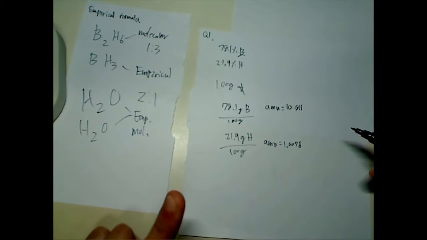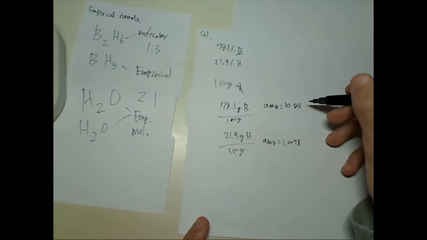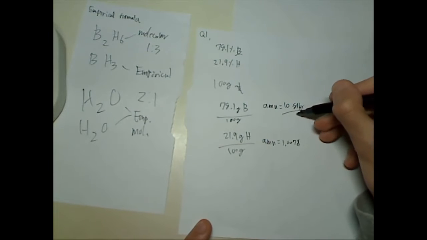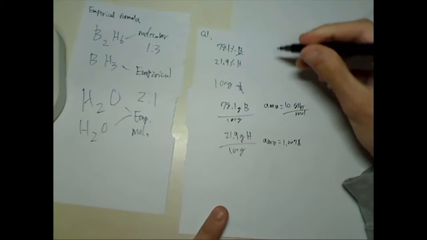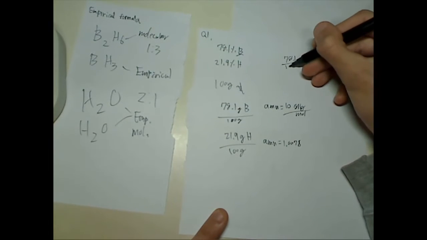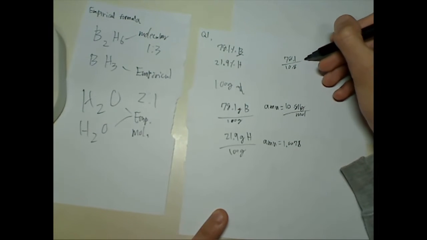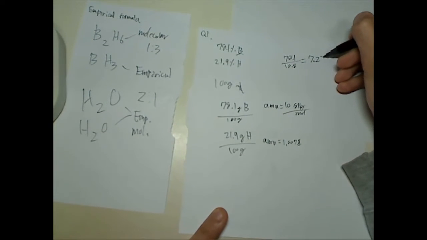Now, using this, we can find the exact number of moles in this compound. How do we do this? Well, we just divide the number of grams by the AMU, because the AMU is just grams per mole, right? So 78.1 divided by 10.8 equals 7.22.